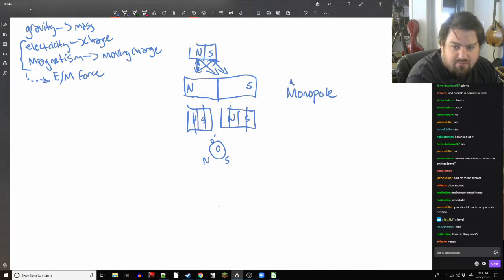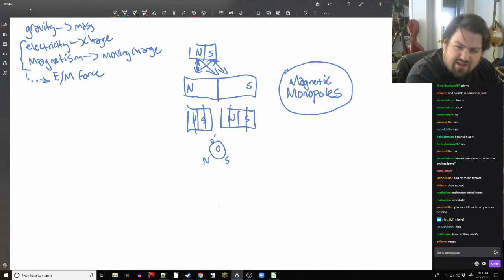So magnetic monopoles, there's no physics reason they can't exist. As far as we know, nothing in physics says that you can't have a magnetic monopole out there somewhere.